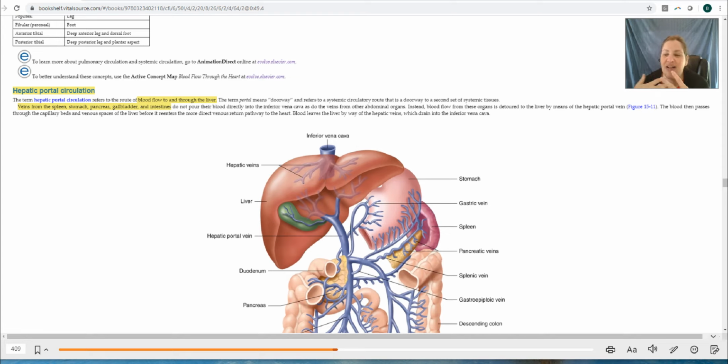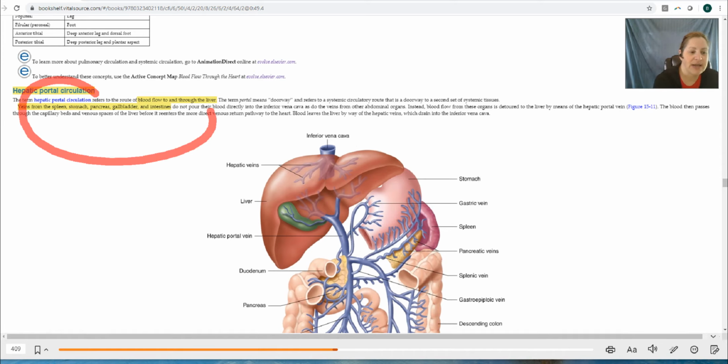So we have all kinds of garbage that we put into our body that we don't want circulating in our blood. So what we do is we take the blood that goes through the arteries from our digestive system, the spleen, the stomach, the pancreas, the gallbladder, and the intestines. And instead of sending that blood back to the heart to go out again, we're going to send that blood to the liver instead.